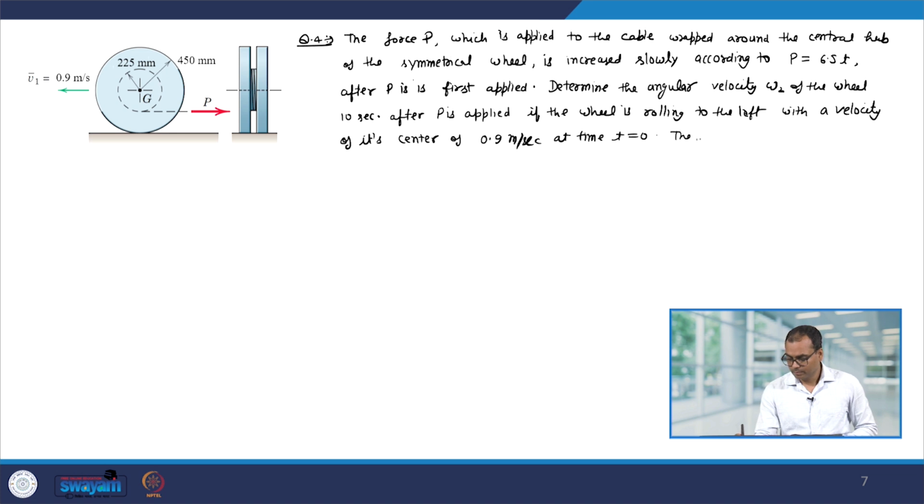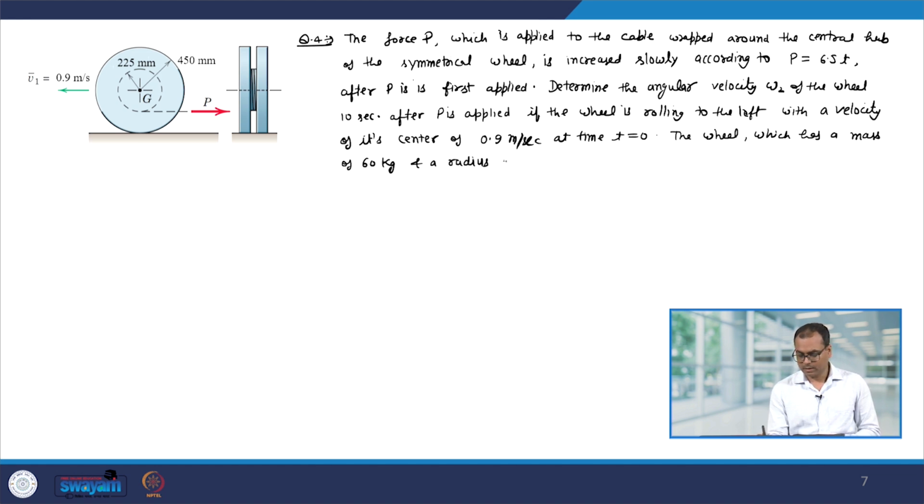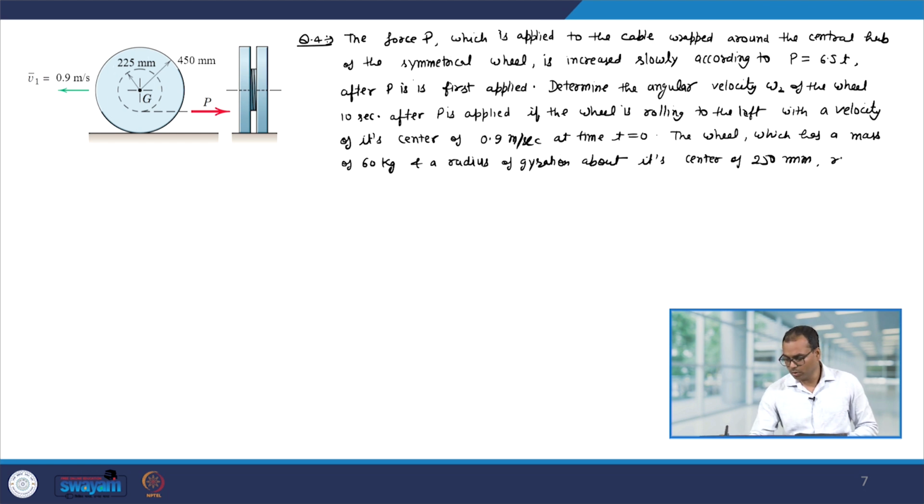It is given that the wheel, which has a mass of 60 kg and a radius of gyration about its center of 250 mm, rolls without slipping.